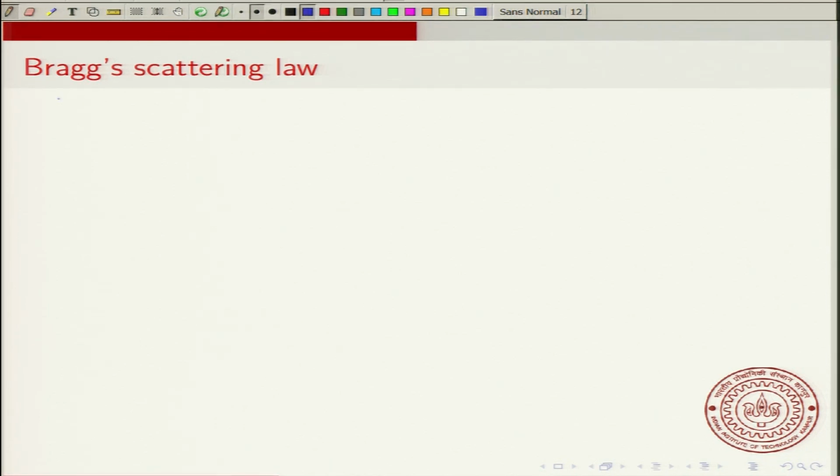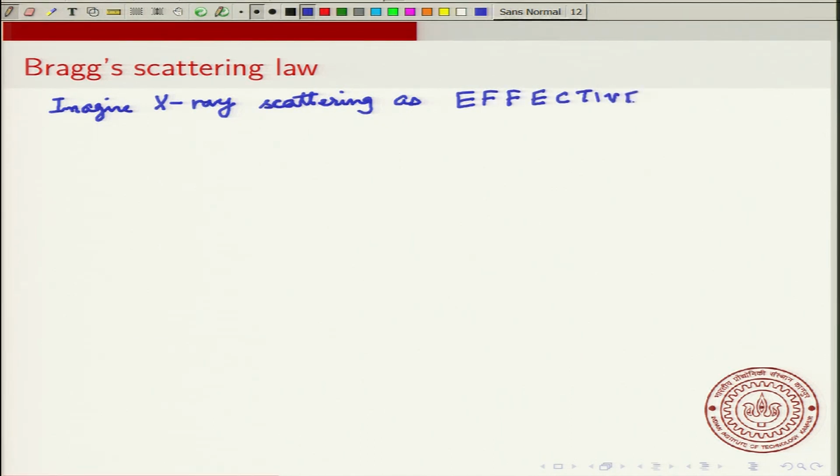So, what it says is that we can imagine X-ray scattering as effectively reflection about lattice planes.